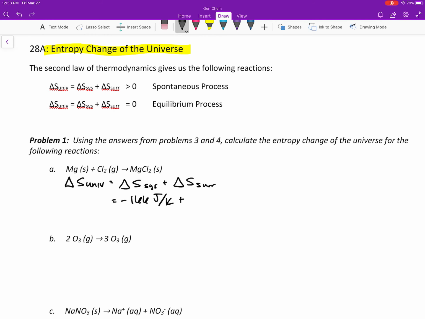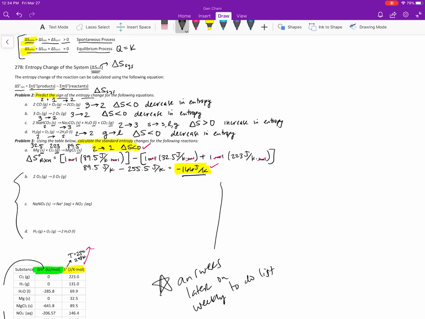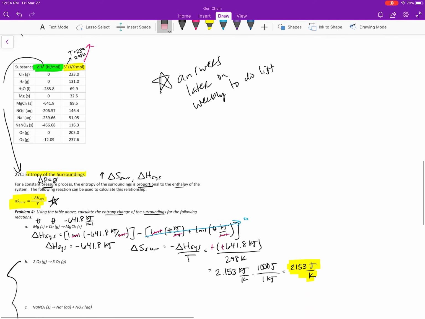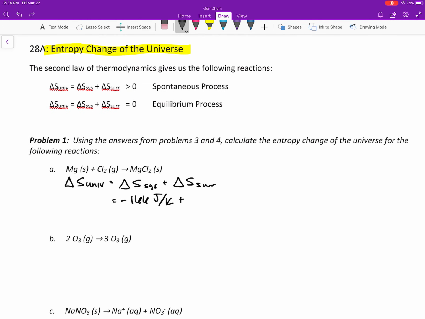And I'm going to add that to my surroundings, which now you can see why it was important to go ahead and convert the value to joules, because I'm going to be adding them together. So if I had not done the conversion before, like at the end of the last problem, I would have had to do that now. And either way is fine. Just make sure you do convert.